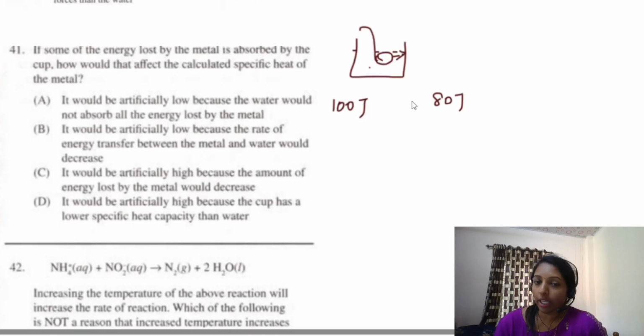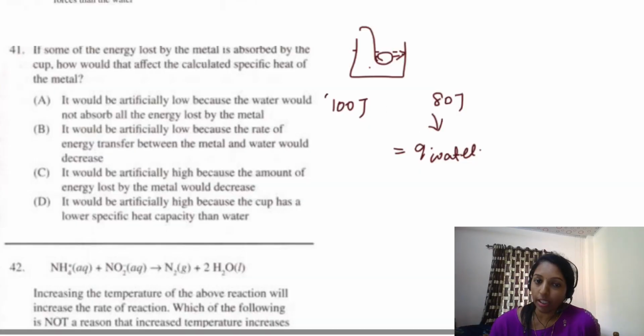So what happened? The water gained only 80 joules of energy, so the water temperature shows only a lower change in temperature, right? Because it got lower energy, correct? So it got a lower temperature difference, and a lower temperature difference makes a lower Q water, which means the Q metal is also found artificially low.